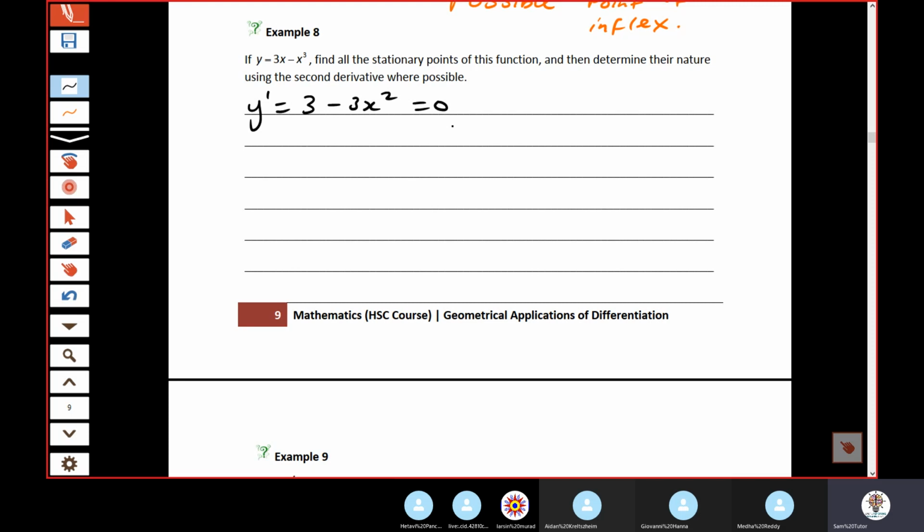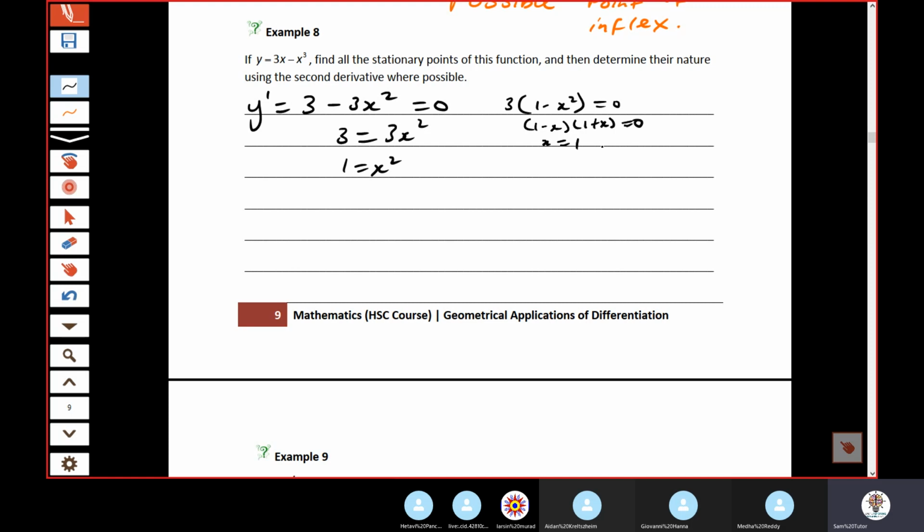No? Got nothing for it? I can see I can factorize a 3, otherwise divide by 3, square root plus minus 1. You could have done that, you could have even done difference of 2 squares.